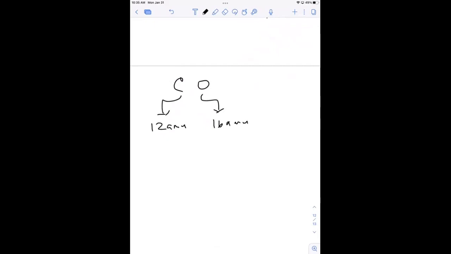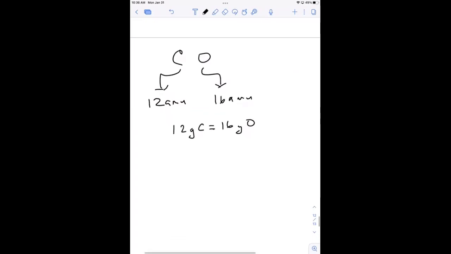And so what that translates to is my ratio of carbon to oxygen, just like we did with constant proportions. 12 grams of carbon is equal to 16 grams of oxygen. Now, the strategy for this law of multiple proportions, because we got other compounds that we can make from these two atoms, is to make one of those fixed. So let's make the carbon fixed.